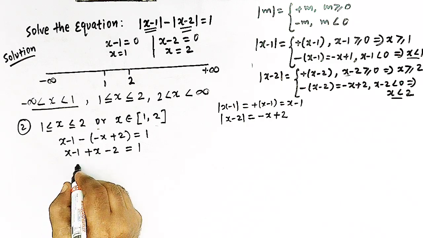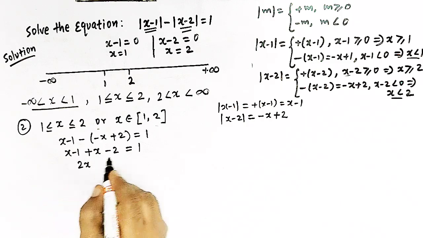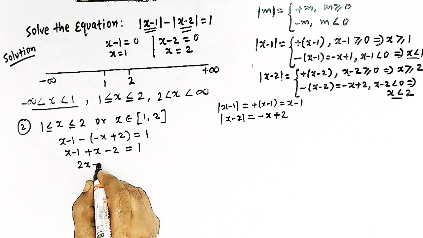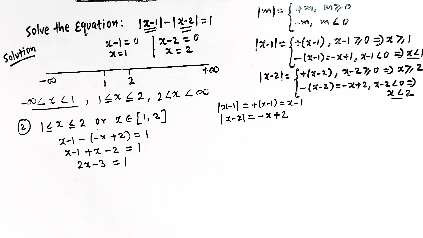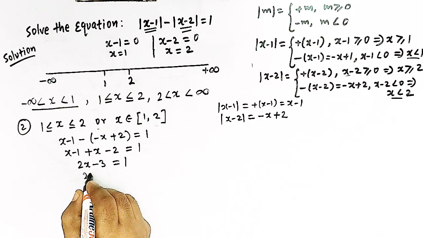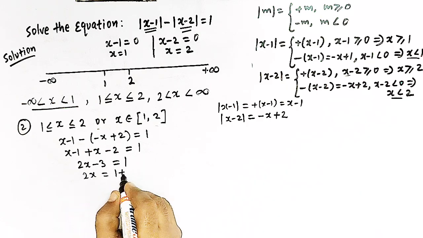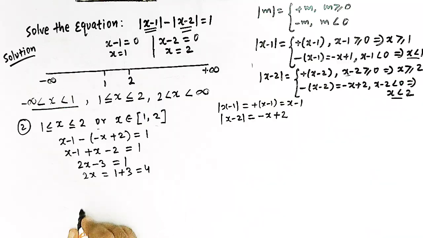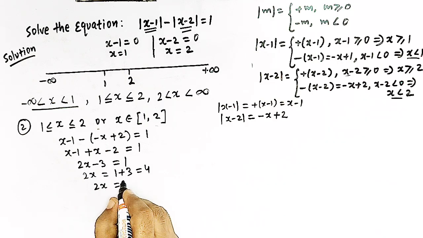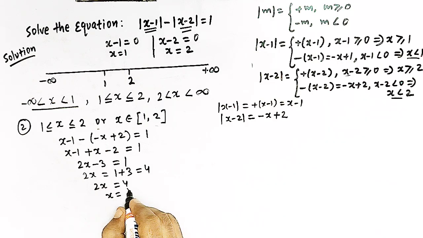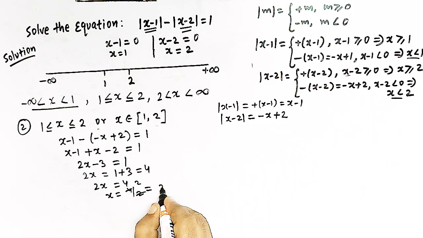So x plus x is 2x, and minus 1 minus 2 is minus 3, and here we have 1. So we can now easily solve this linear equation in one variable. So we have 2x is equal to 1 plus 3, that is equal to 4. So 2x is equal to 4 and x is equal to 4 over 2, that is equal to 2.